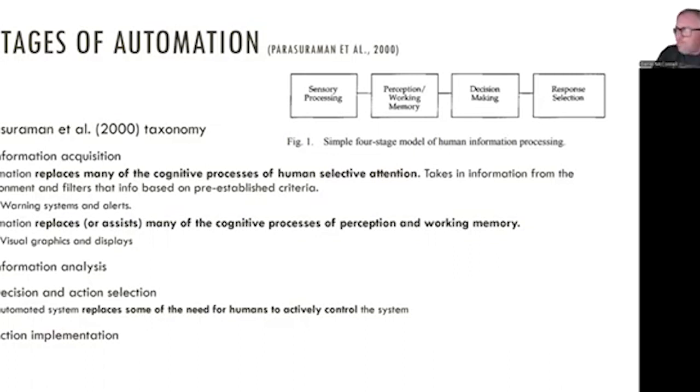And so what I have to do is I have to first have sensory processing, which means in this case, I need to detect when I have deviated within my lane, right? That when I'm starting to drift to the left or to the right. And then once I do that, I have to then take that information in and work on that information.